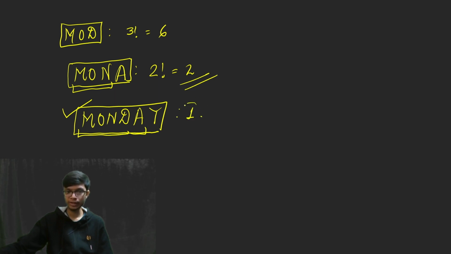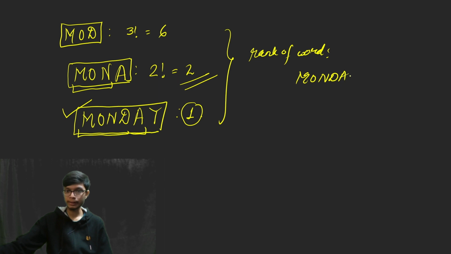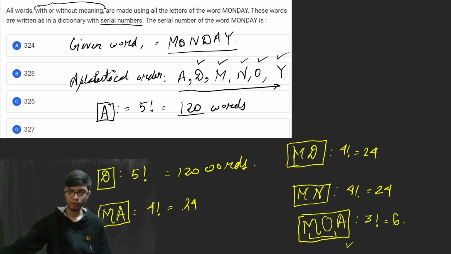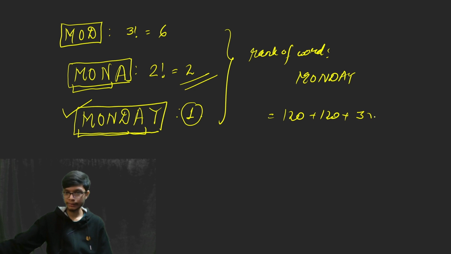That means you have to consider this word as 1, and with this you have to report the rank of the word. What is the word? The word is Monday. So the rank of the word Monday is equal to 120 plus 120 plus, then 3 times 24, that is 3 into 24, plus how many times 6 is present, 6 is present 2 times, so plus 12 plus 2 plus 3.